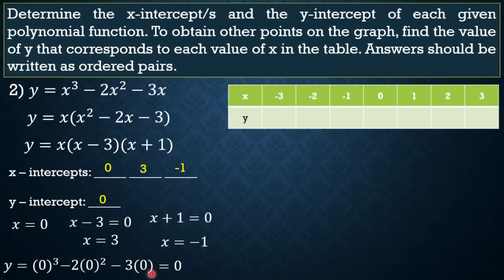Okay. And then, kapag magsusolve na tayo nitong table of values, yun ang sinasabi ko sa inyo kanina, substitute lang natin itong negative 3 doon sa given na polynomial function.